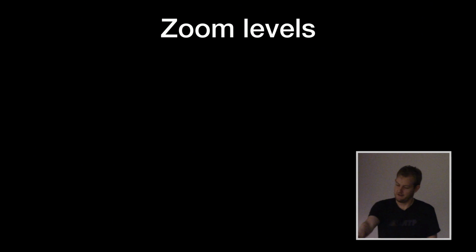Otherwise you end up very close to the image if you completely zoom in, and that's not what you want. So in this way it works more like a maps application, where you zoom in a bit and then zoom out again and zoom in a bit on some other part of the image. And to implement that, we use from maps the concept of zoom levels.